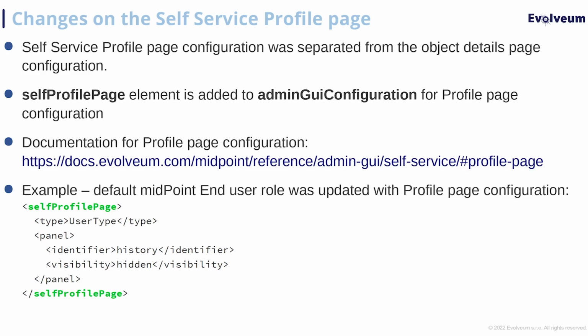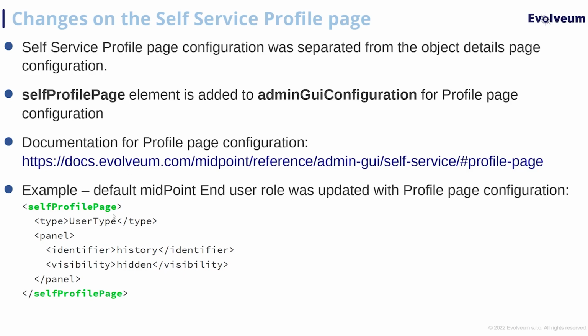And going on with the self-service, there were also changes in the profile page. The major thing is that the configuration for the self-service profile was separated from the configuration for the object details. So now you can have different configurations for each. Again, a specific element for this self-profile page was added to the GUI configuration customization element.